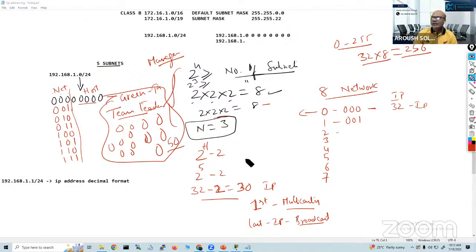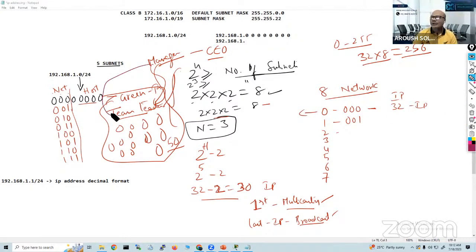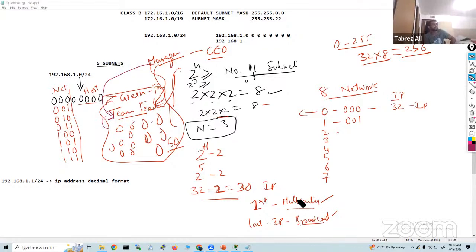What is the purpose of multicasting and broadcasting? When a new update is received from the CEO of the organization, he will give the update only to the team leader. The team leader will update all its employees within the company.